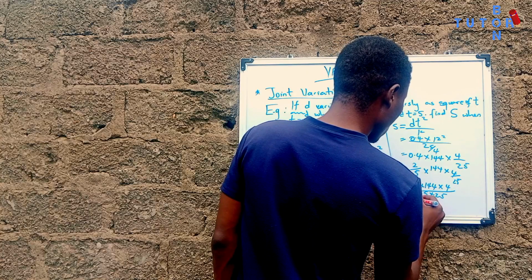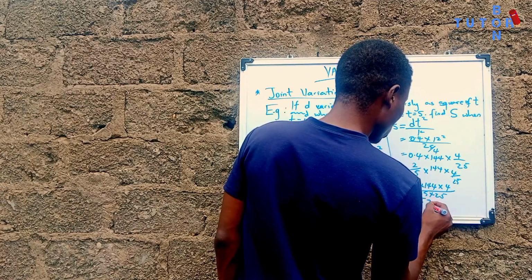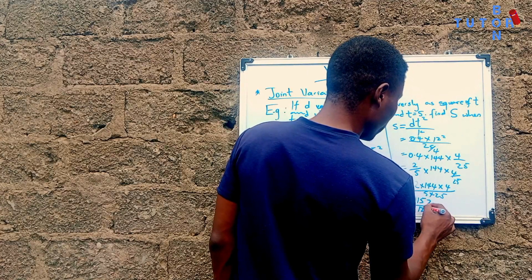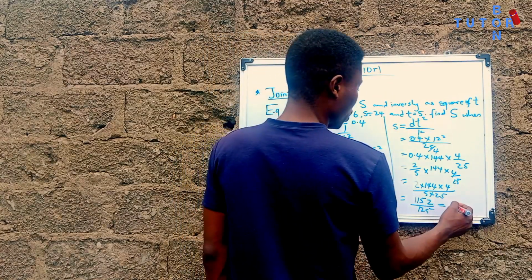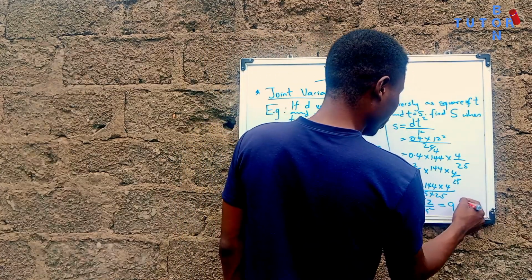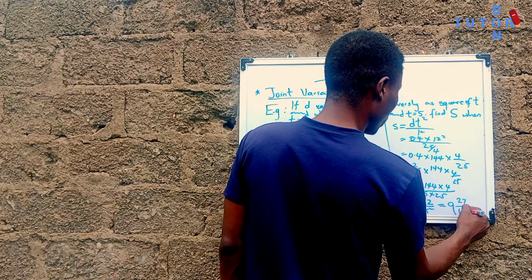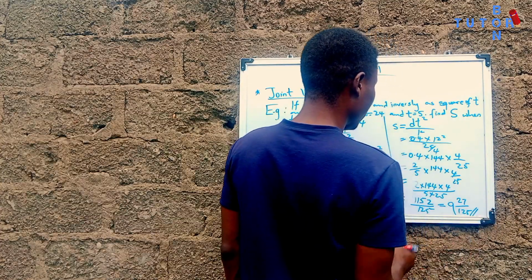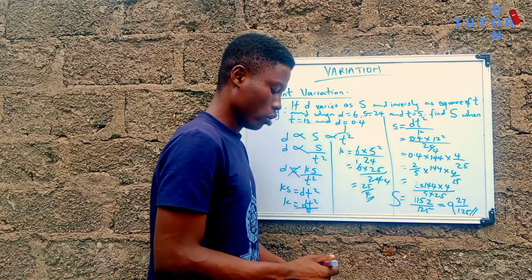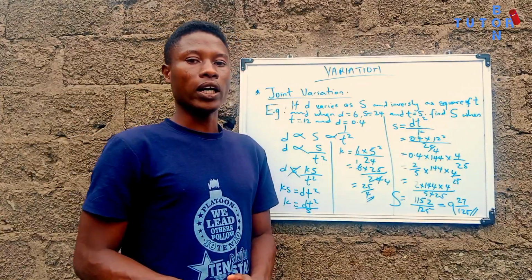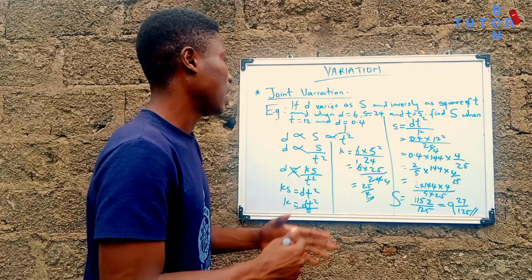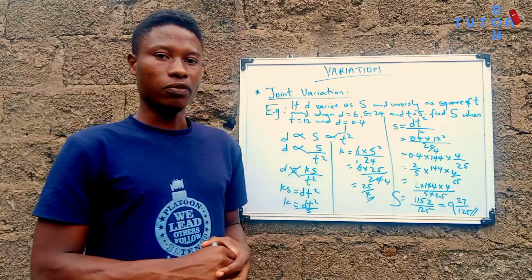So you have it to be 1152 over 125, and 125 in 1152, that's 9 whole number 27 over 125, and this is the value of your s. It is 9 whole number 27 over 125. And this is all about joint variation.